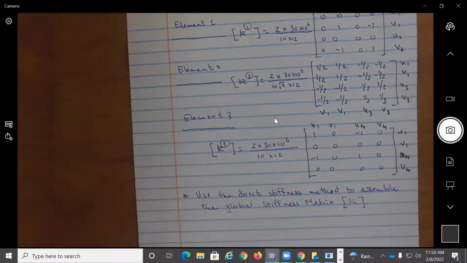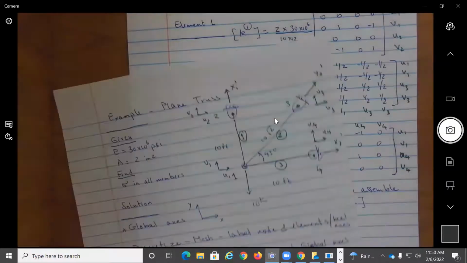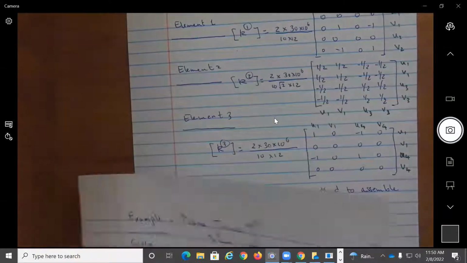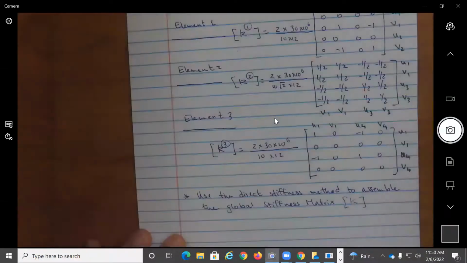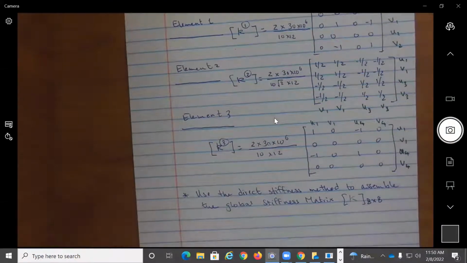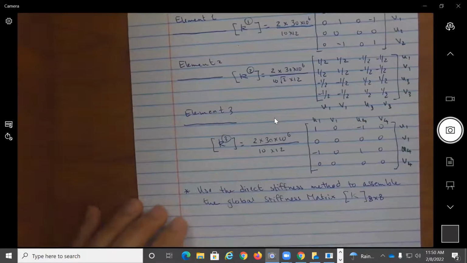And as I do that, can I figure out the order of K? Four by 4? Why? There are 4 nodes. Each node has 2 degrees of freedom. So this K is going to be 8 by 8, right? How do we assemble K?